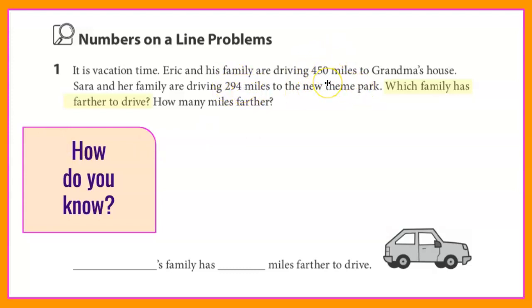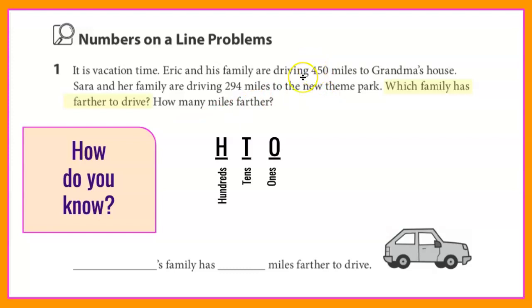Now you might just know that 450 is a bigger number than 294, so Eric's family has farther to drive. Now, you have to think about how you know that. I know that because I'm thinking about place value. So I'm thinking about what place my numbers are in.